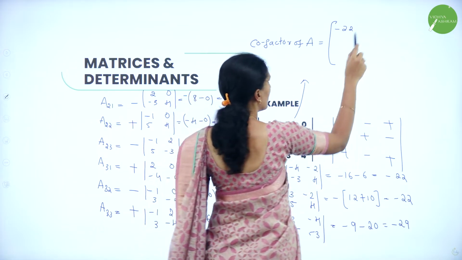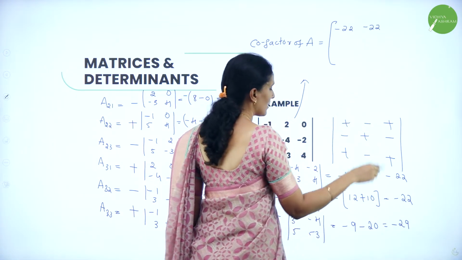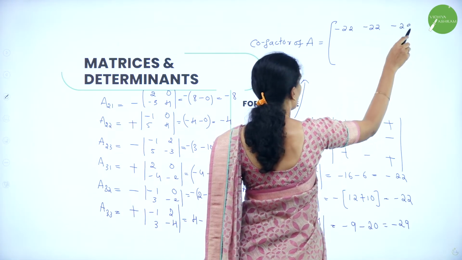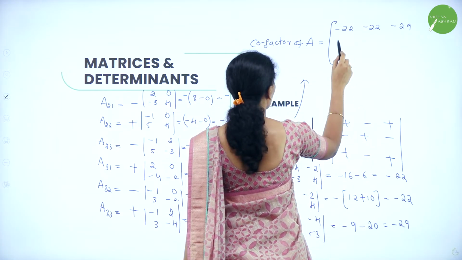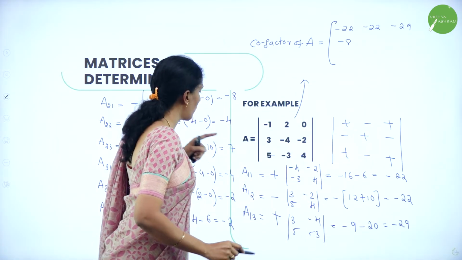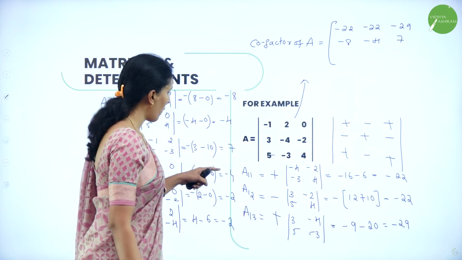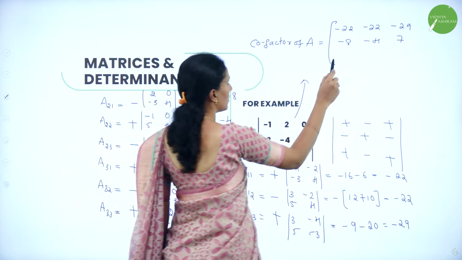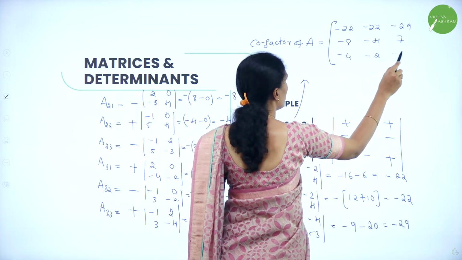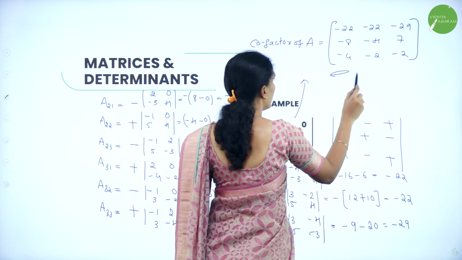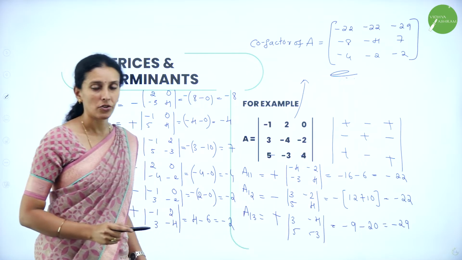For 2 it is minus 22. Next, minus 29. Next, here we have minus 8, minus 4, 7. Next we have minus 4, minus 2, minus 2. So this is called the cofactor matrix of A.